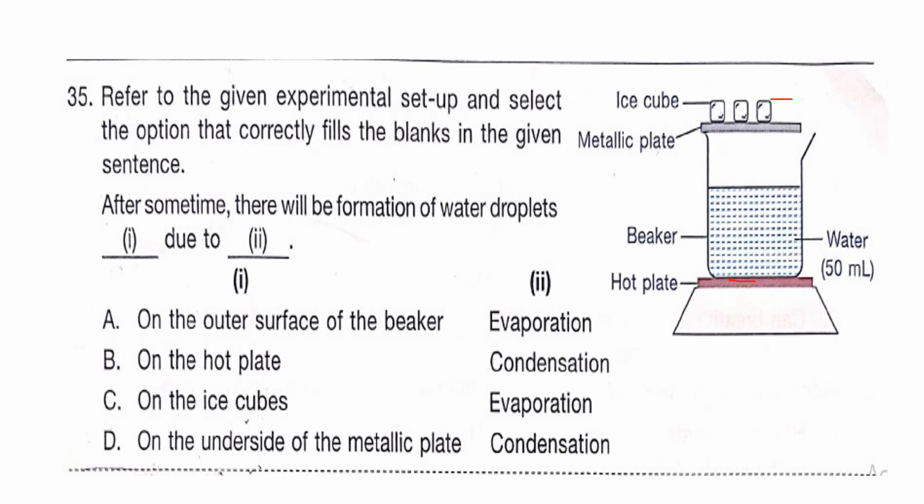So, when water evaporates, it will touch the metallic plate, because the metallic plate is cold due to ice. So, water will condense. Here it will make water droplets. That means the answer is after some time there will be formation of water droplets on the underside of the metallic plate due to condensation. Answer is option D.